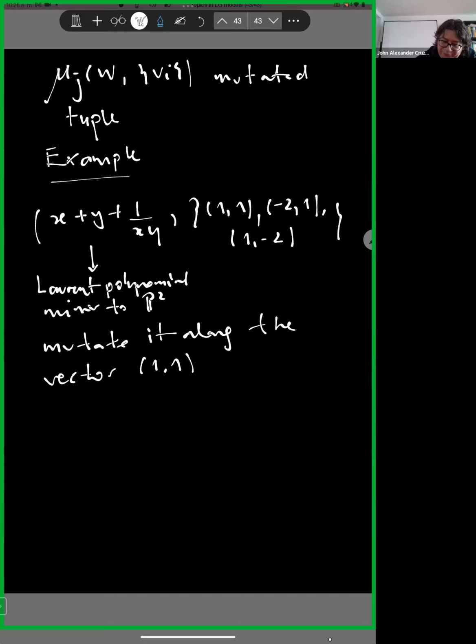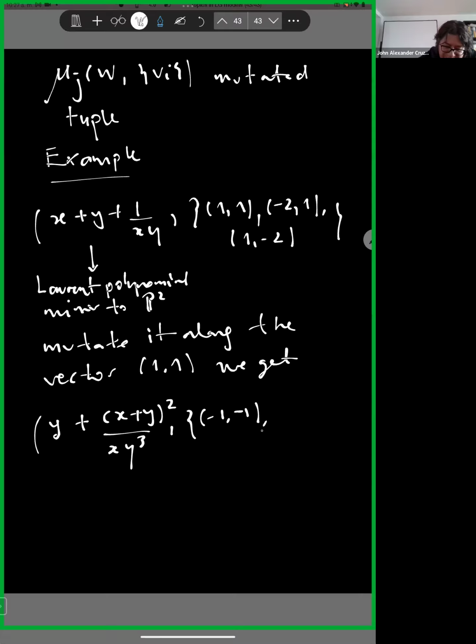When you do that, we get this Laurent polynomial, y plus x squared, and so on. You just apply the formula from before, and then we have a new collection: (-1, -1), (-2, 1), (4, 1).